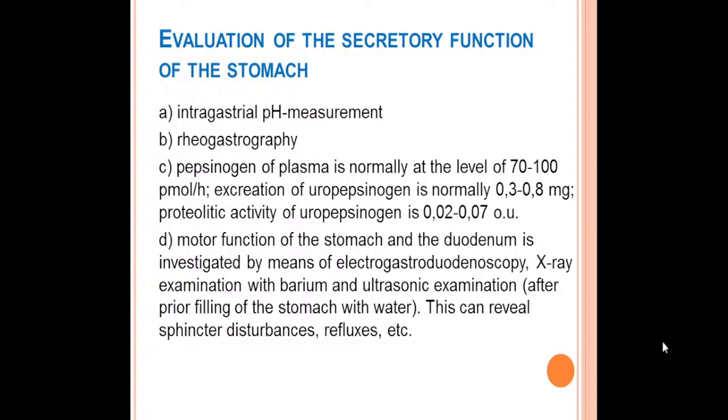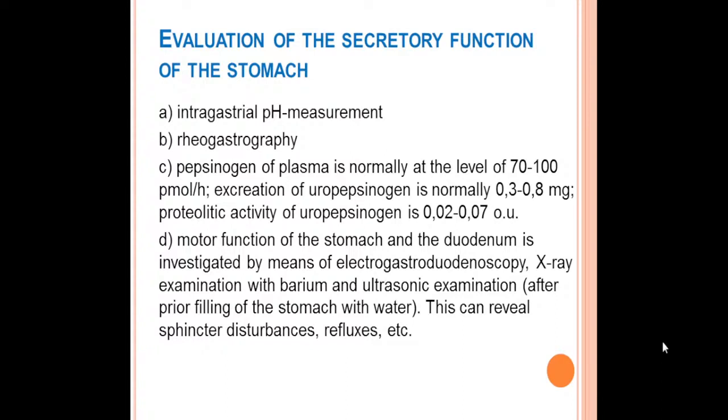Maybe rheogastrography. Pepsinogen of plasma is normally at the level of 70 to 100 millimole per liter. Excretion of uropepsinogen is normally 0.3 to 0.8 milligram. Proteolytic activity of uropepsinogen is 0.02 to 0.07 units.